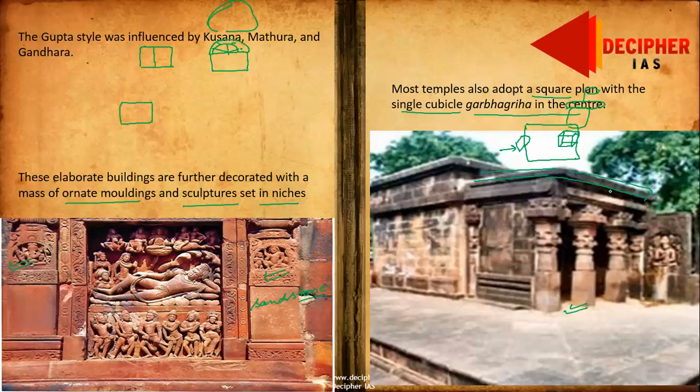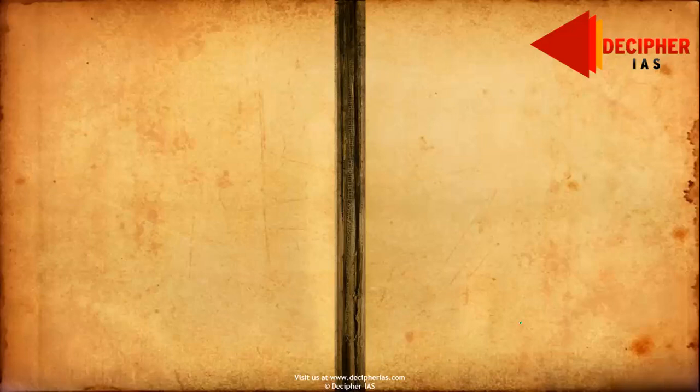So this is actually the Tigawa temple, which is the perfect specimen we were talking about in our discussion. Whether all temples had a second floor is difficult to determine, due to their often ruinous condition.